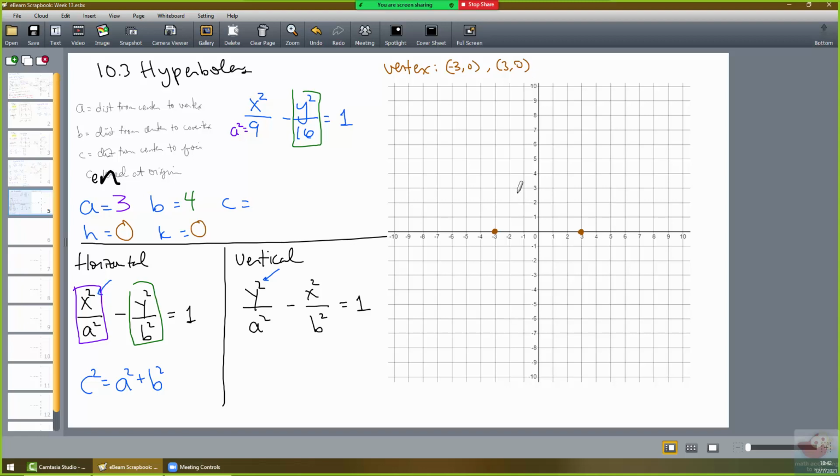So again, a is the distance from the center to the vertices. Moving perpendicularly, we're going to have our co-vertices, in this case up and down 4. So up 4 is at 0, 4, down 4, 0, -4.